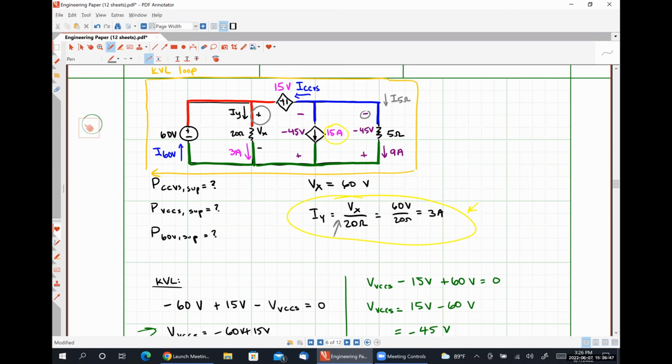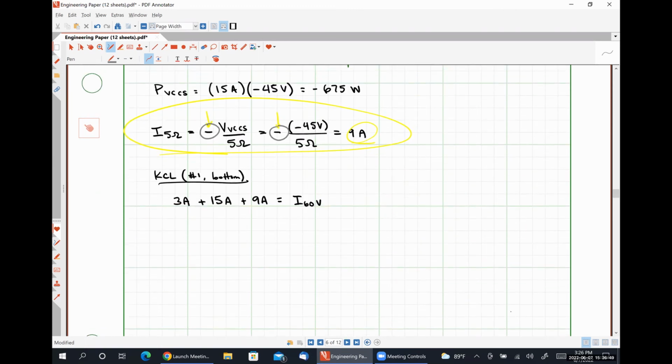All right, so let's jump back around over here. We wrote a Kirchhoff's current law expression using formulation number 1, which states the currents flowing into a node have to equal the current flowing out of the node. And we applied it at the bottom node.